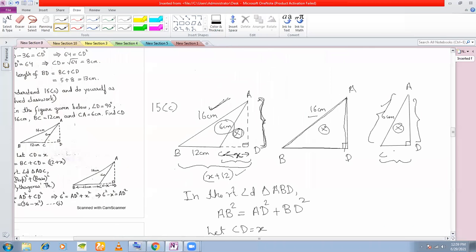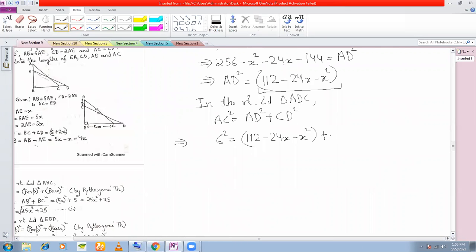How much have we taken? We have taken this to be x, isn't it? Put it as x here. So that means we get 36 is equal to 112 minus 24x minus x square plus x square. Now what happens? These two cancel. So now this will become a simple linear equation, which you can solve.